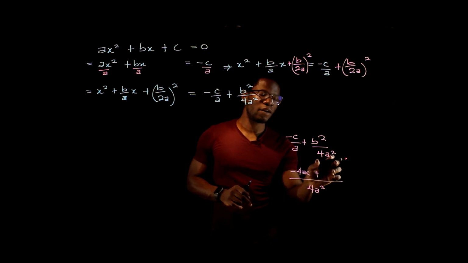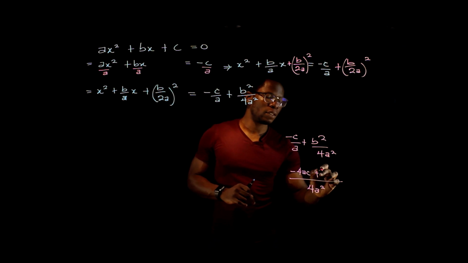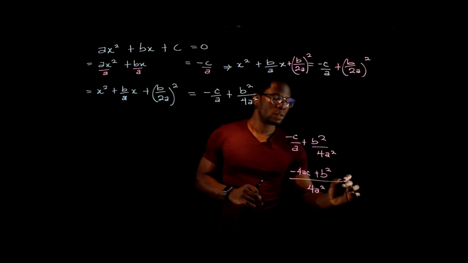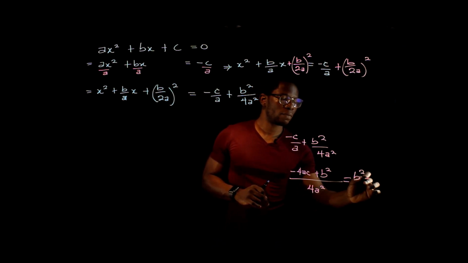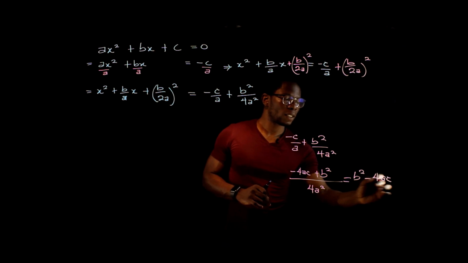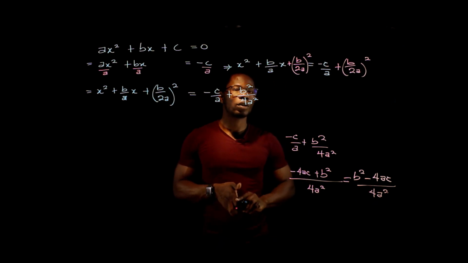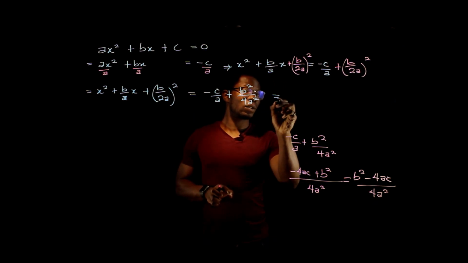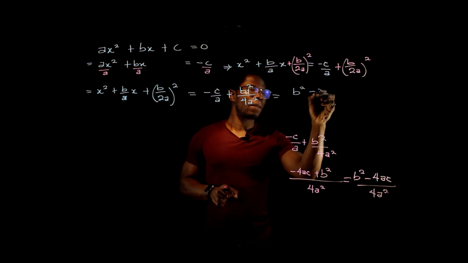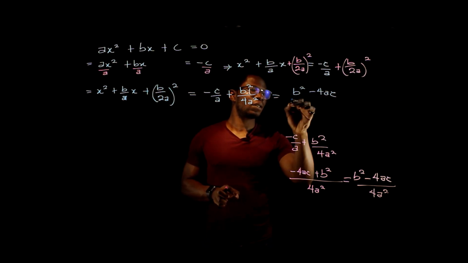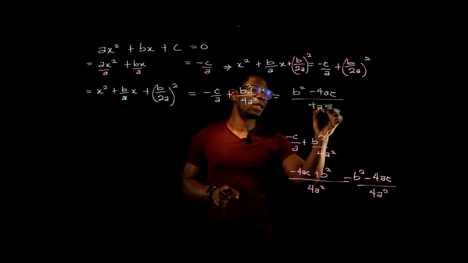Plus 4a squared divided by 4a squared is equal to 1, and 1 multiplied by b squared is equal to b squared. So this can be written as b squared minus 4ac over 4a squared. So now we know that this part of our equation is equal to b squared minus 4ac over 4a squared.